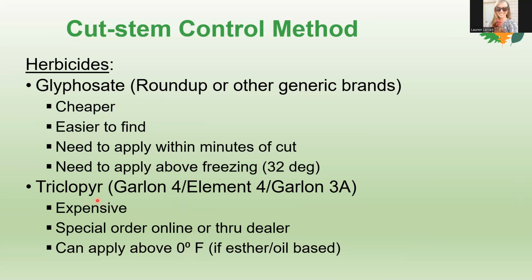Garlon is the most common one you'll see for triclopyr. It's expensive, like $100 a gallon, I want to say. And you're mixing it at about 20% ish. So it's expensive, and it's a little harder to find. I'll send you some resources on where to get it.